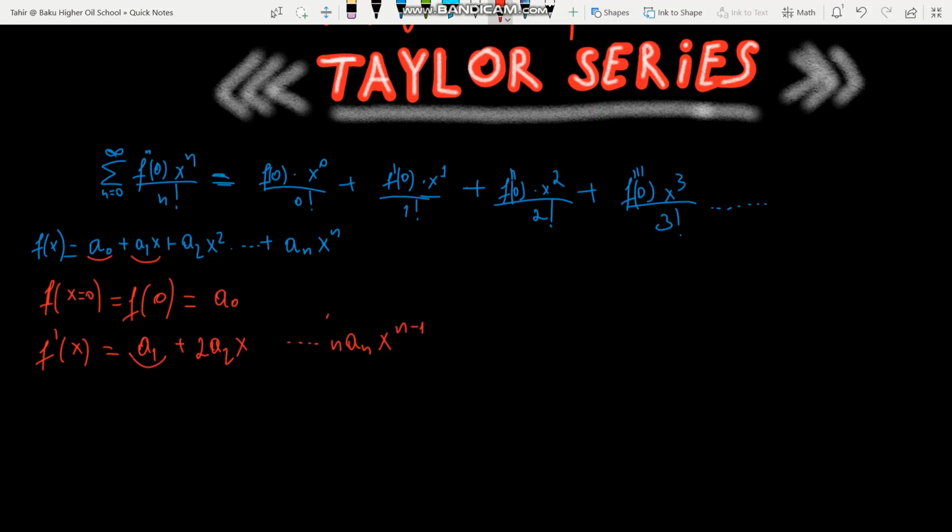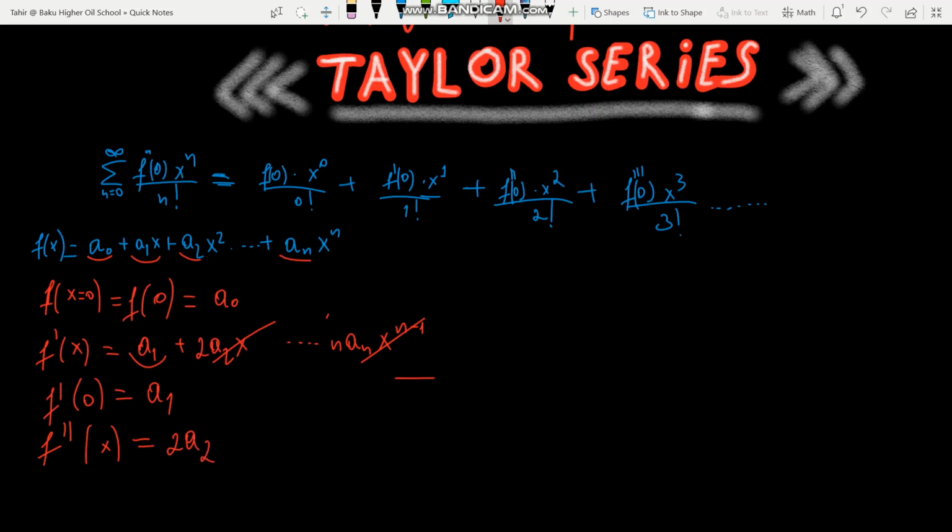And if we replace x with 0 and get the value of the function, we will find that all the terms with the x variable will be removed, and we will be left with just a1. For the other terms, we can repeat this process, finding the second derivative of this function. a1 will be cancelled out again because it's constant, and for x to the power 1 we will remove x here.